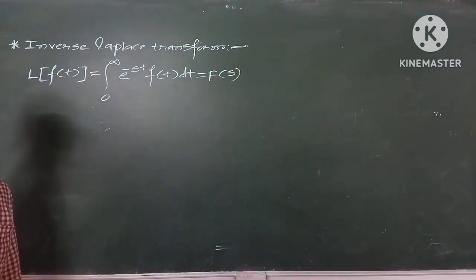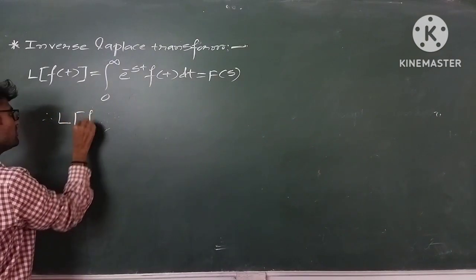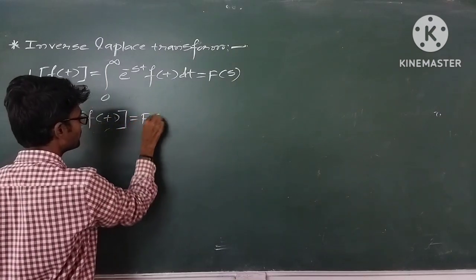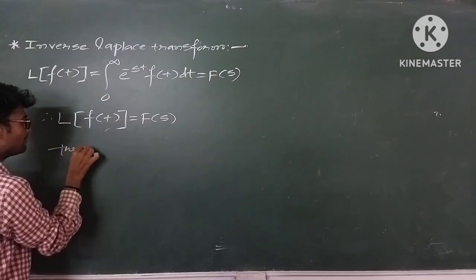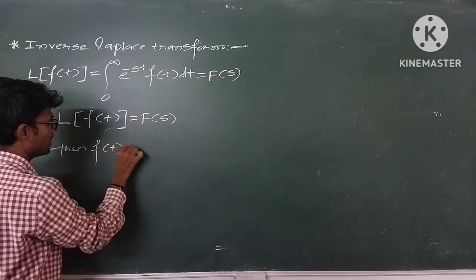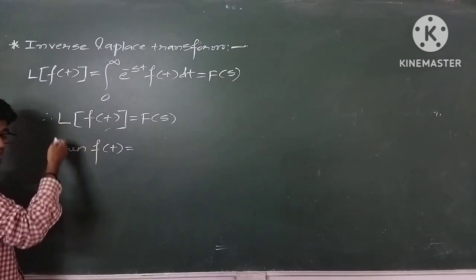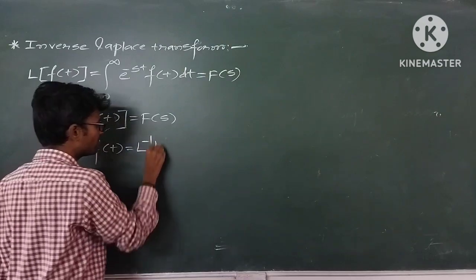It depends upon you. Now I will write Laplace transform of f of t is equal to f of s. Then f of t is equal to, I will take L to this side, inverse Laplace transform of f of s.